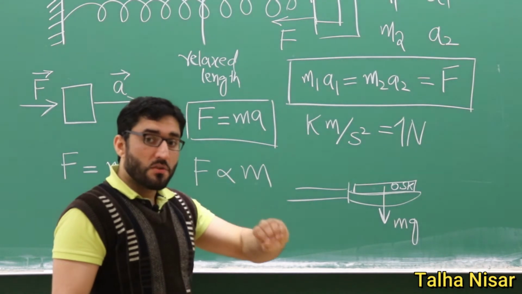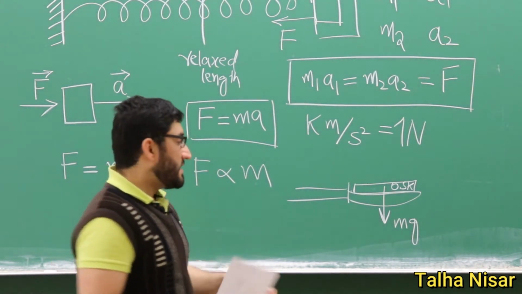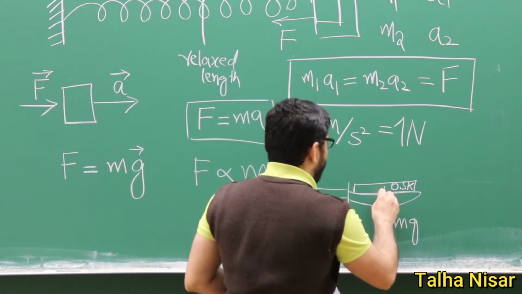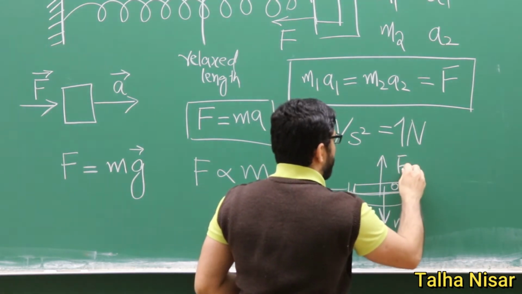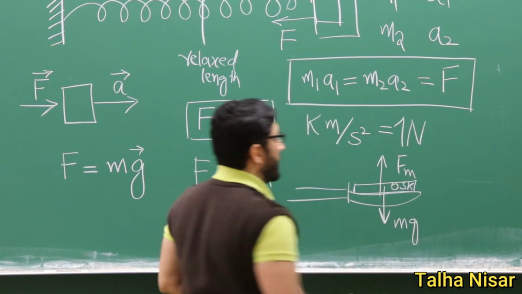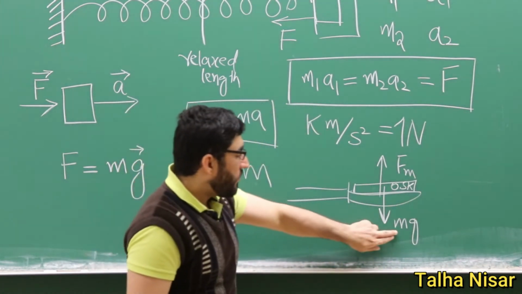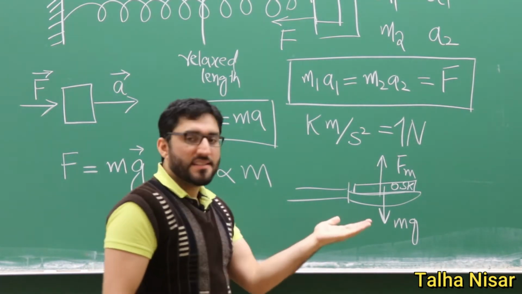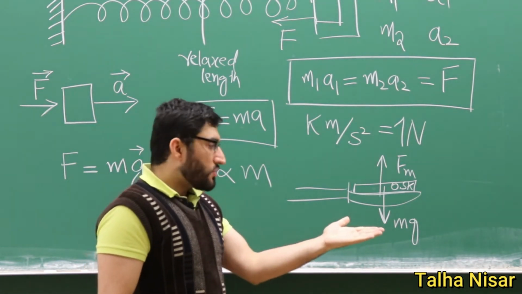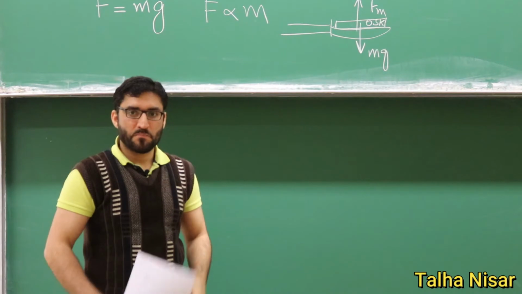So it means that I was applying the same force in the opposite direction. This was the force exerted by me. So this force and this force were equal but in opposite directions, so they were cancelling each other, and the total acceleration was 0.